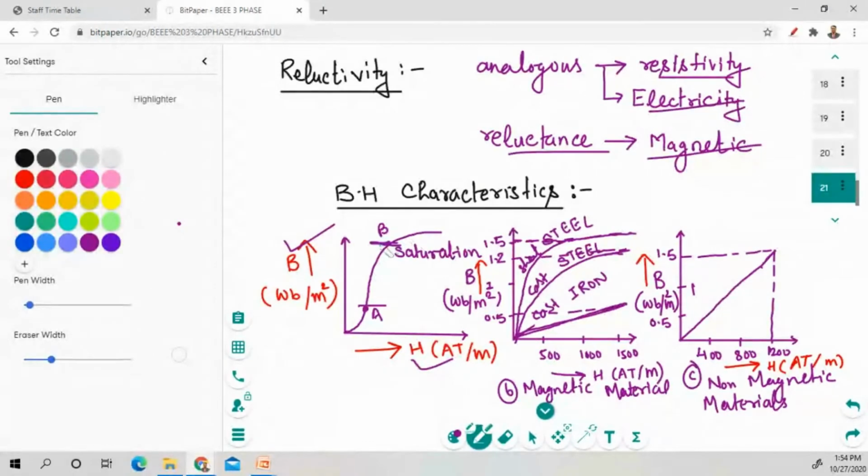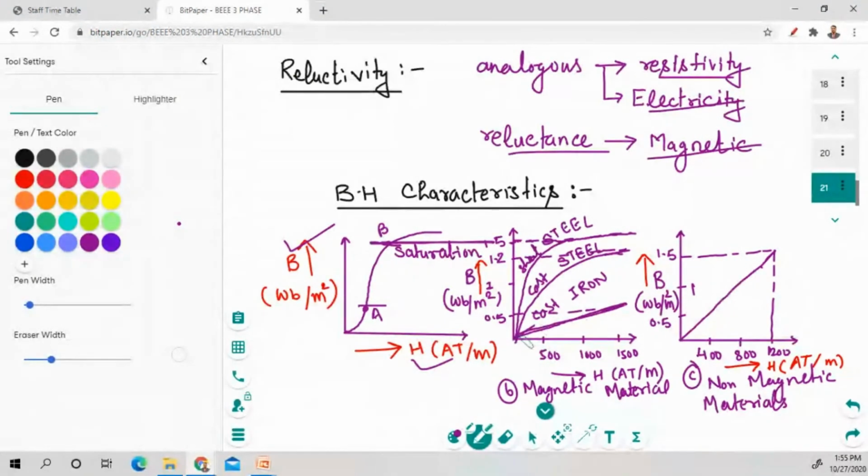Okay. So your material behaves in a similar manner at every point of time if you increase the intensity of the magnetic field. Here you can see the value for B, the magnetic field density, increasing from 0.5 to 1.5. For the iron material, the magnetic field density is 0.5 and the value for H, the magnetic field intensity, is 500 ampere turns per meter.